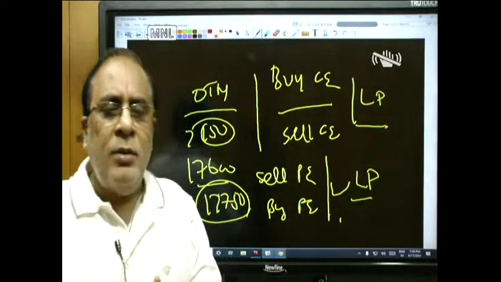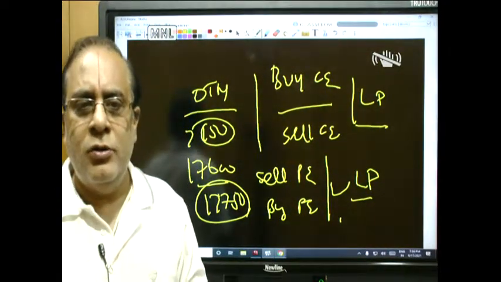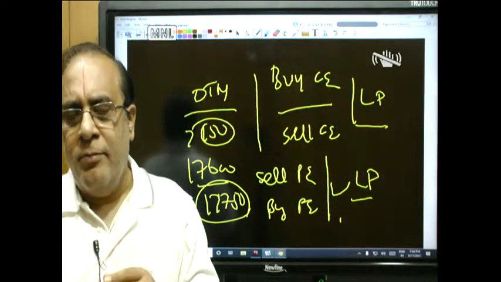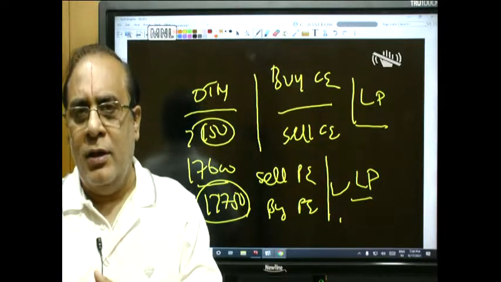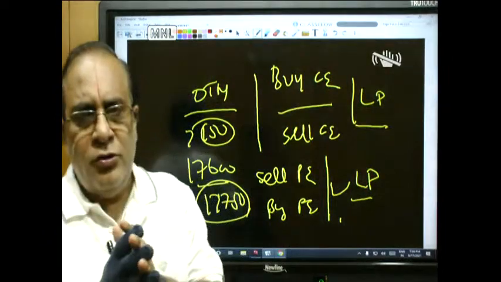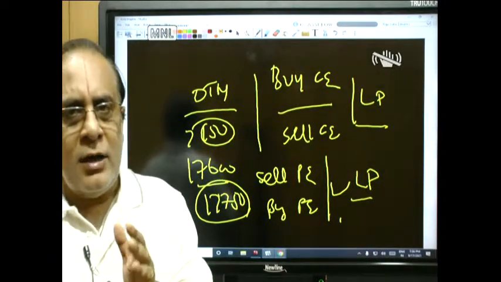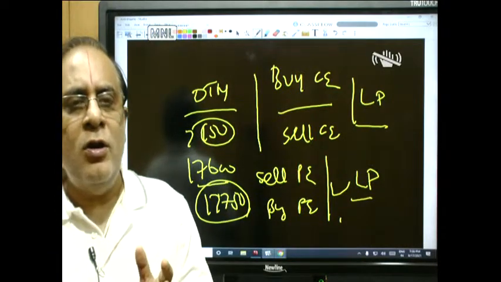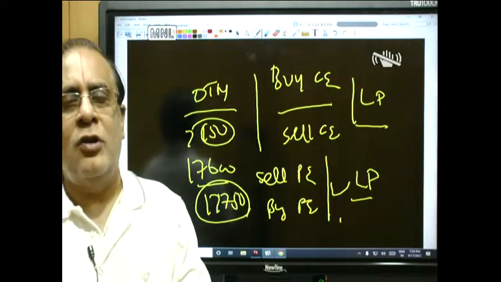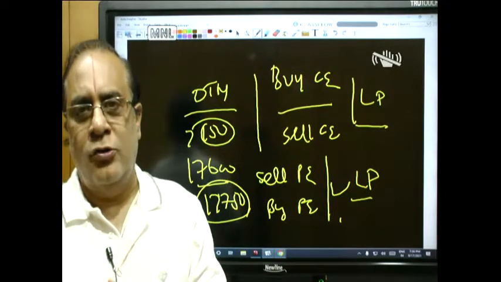The second aspect is, if you don't want to do that, and you don't mind paying this, then you have to consider a slightly higher number of option units if you go for 17,300 or so, because you are paying some amount of time value. In order to recover that time value, instead of one option, you need to consider probably, very difficult to say 1.5, because 1.5 units you can't buy. So you may have to go for 2 units or so.